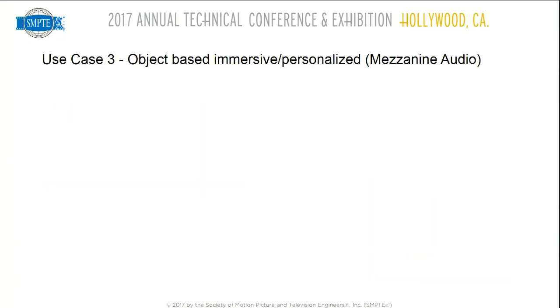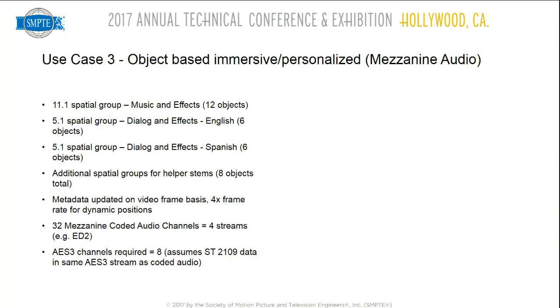And the third one is a much more expansive one where we're sending several different programs and different spatial groups with different languages. In this case, we're sending a total of 32 audio channels that would be Mezzanine encoded, for example, with our Dolby ED2 coding.